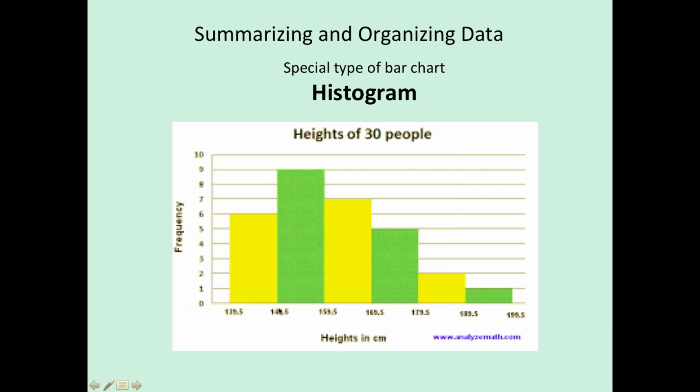It's kind of hard to read these numbers down here, but I'm going to say that's roughly 135 to 145, 145 to 155, and so on, just for our purposes. So there were 6 people whose heights were between 135 and 145 centimeters, and we had 9 people that were between 145 and 155.